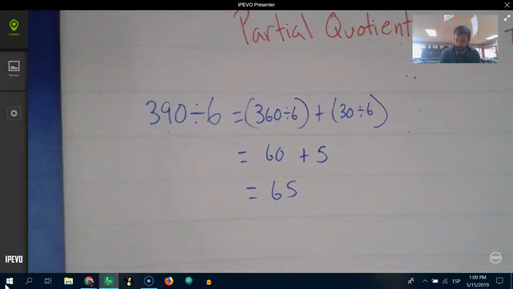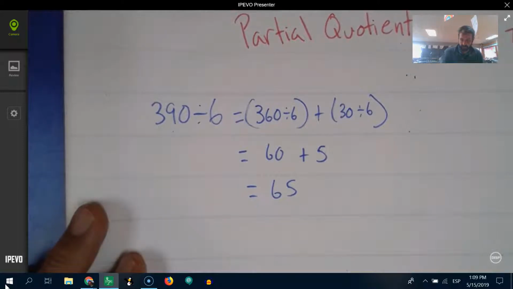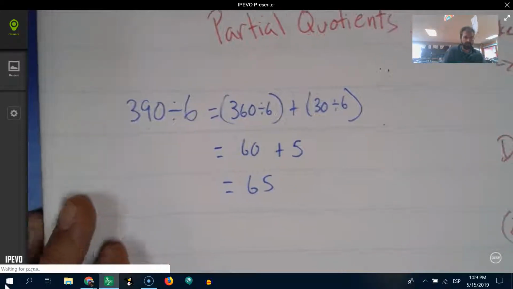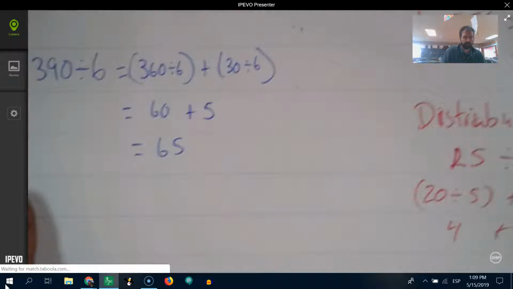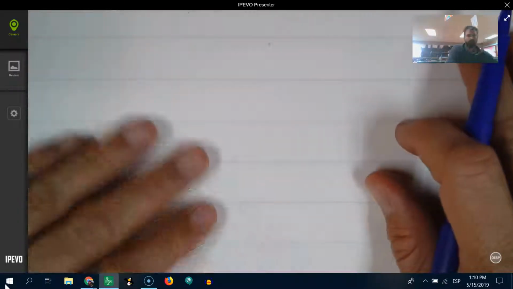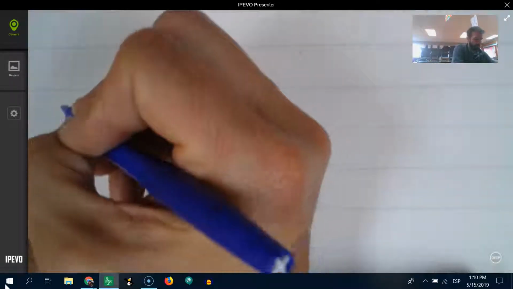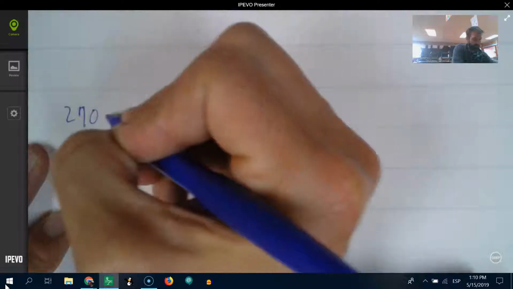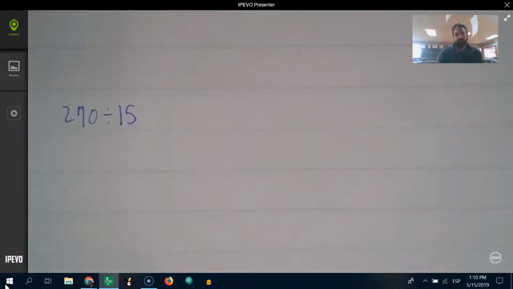All right, what about something like 270 divided by 15? We can do this with addition.